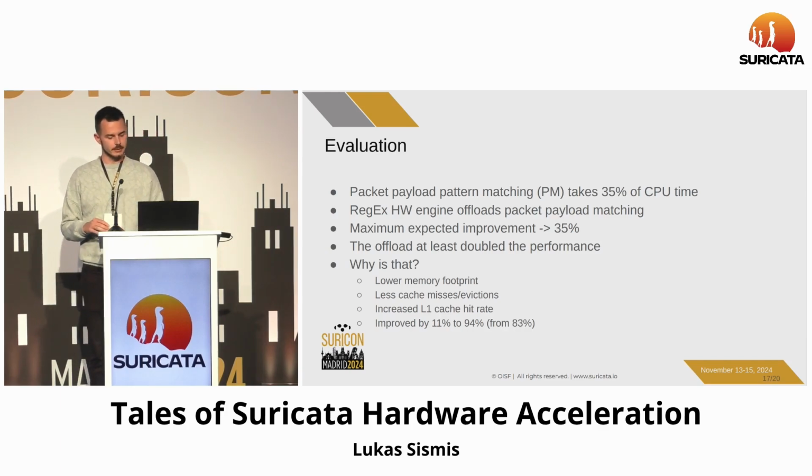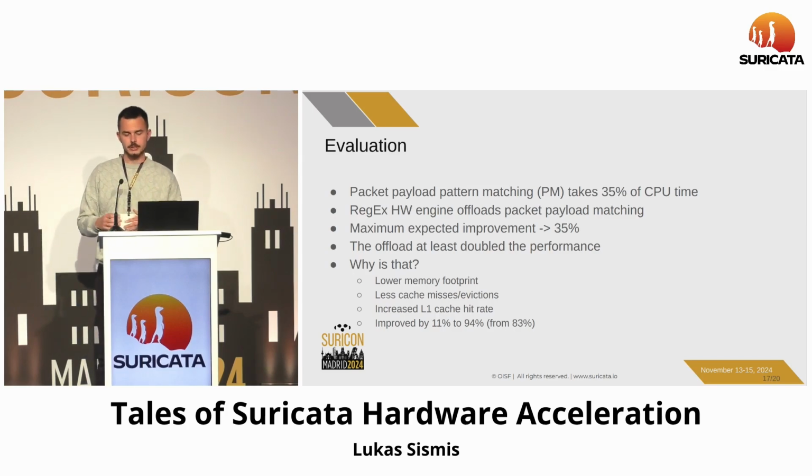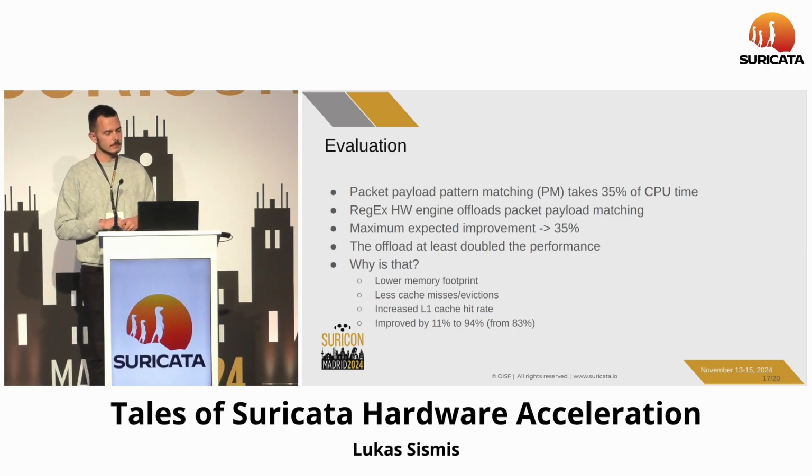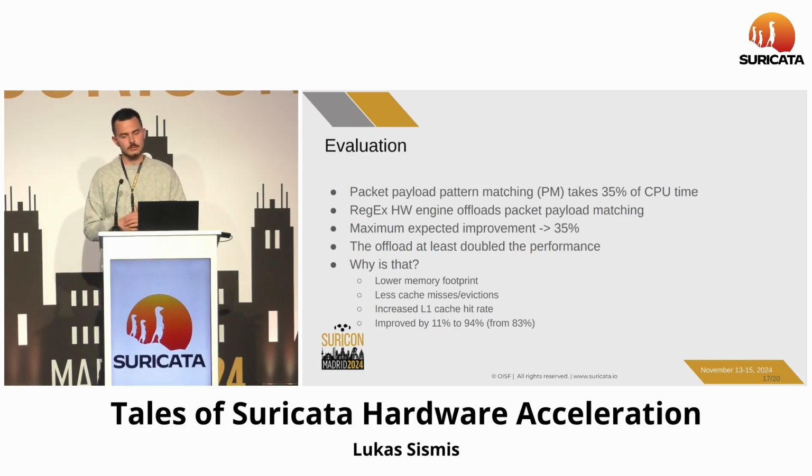Maybe you remember the packet profiling graph, the flame graph, in the beginning. There, the packet payload pattern matching took 35% of CPU time. So if we cut this part out of SuriCata, we would expect only 35% improvement at most. But the offload basically helped SuriCata increase the performance even more.